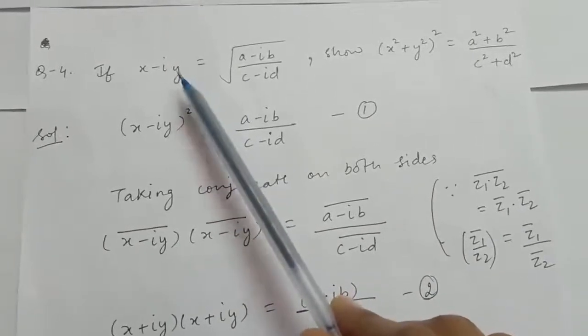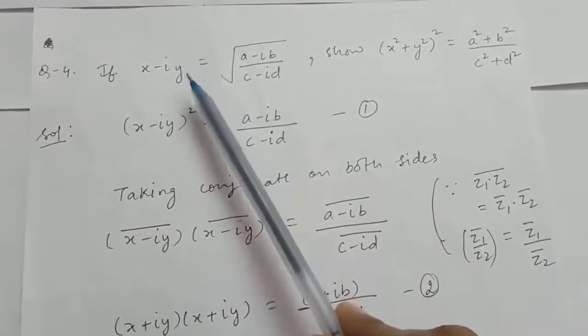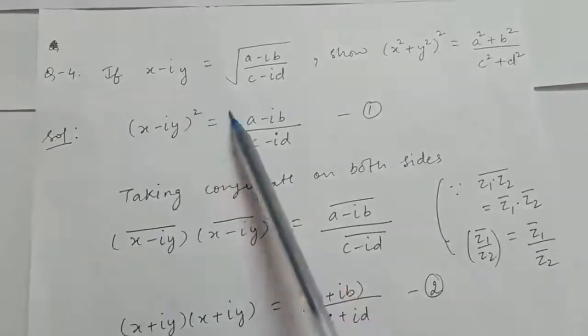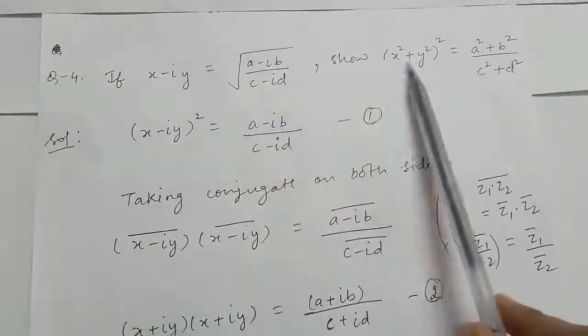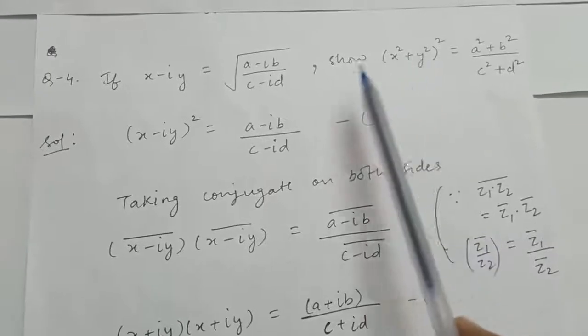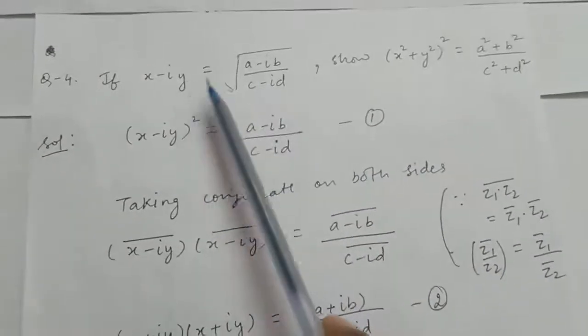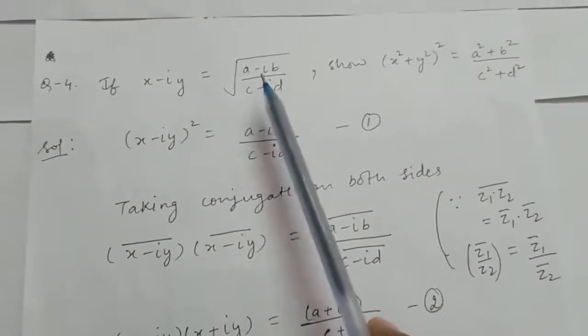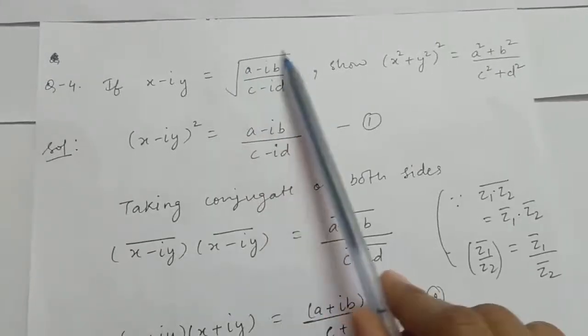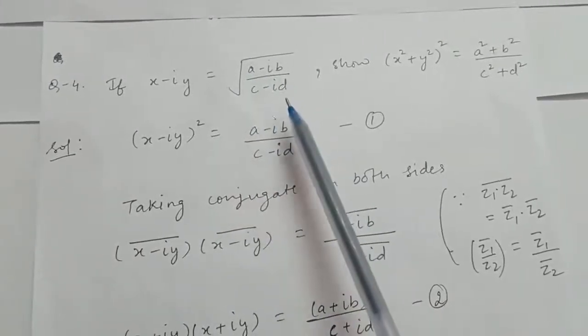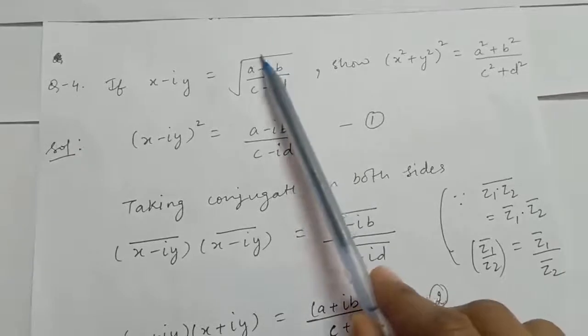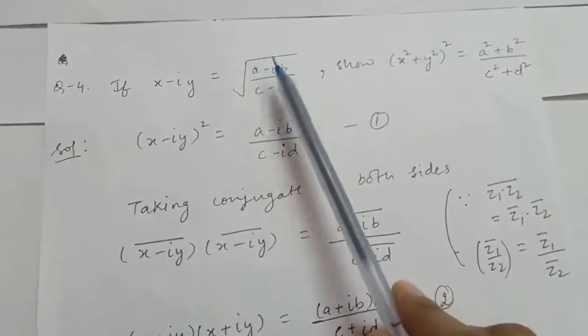If we find out x plus iota y, then the product of x minus iota y into x plus iota y will be x square plus y square. But see, we cannot directly take the conjugate on both sides. Why? Because it is a root and the conjugate cannot get inside the root, right? So you will not be able to find the conjugate of this number.